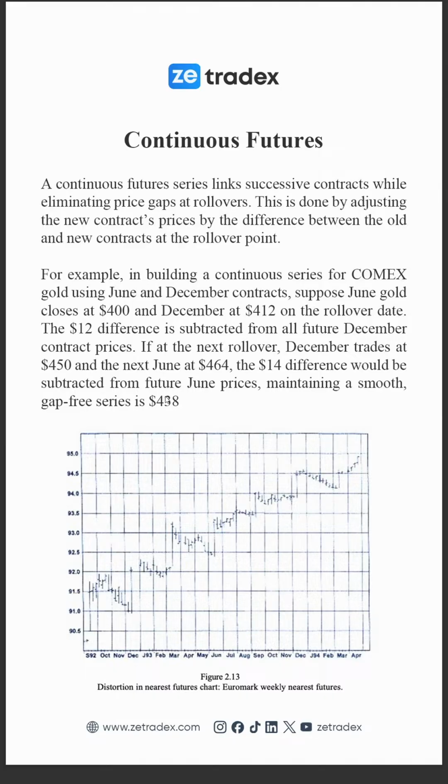If at the next rollover, December trades at $450 and the next June at $464, the $14 difference would be subtracted from future June prices, maintaining a smooth, gap-free series, which is about $438, of course. Next page.